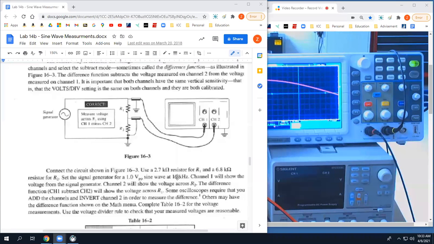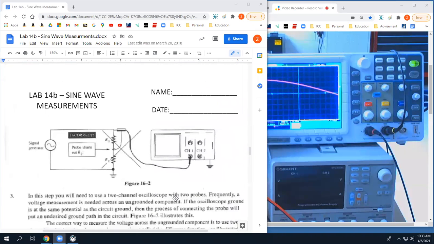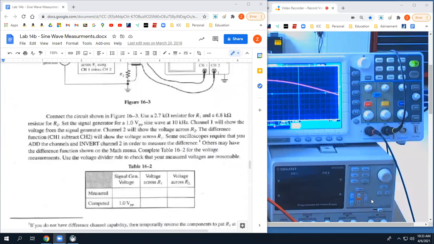And then we've got R1 in series with R2, R1 being the 2.7K and R2 being the 6.8K. Okay, we can do that.